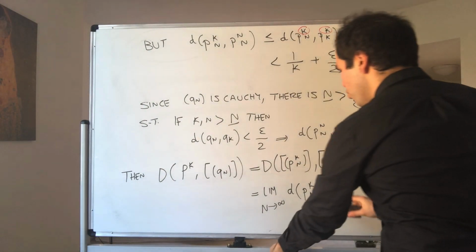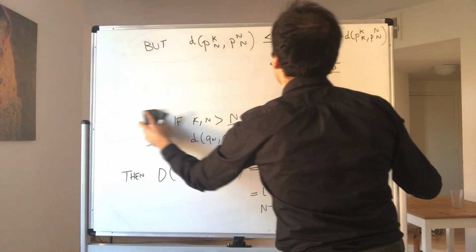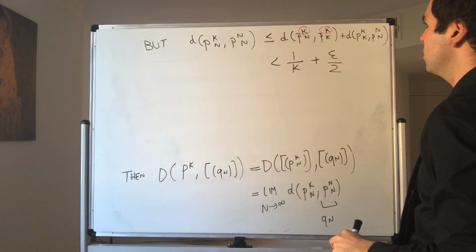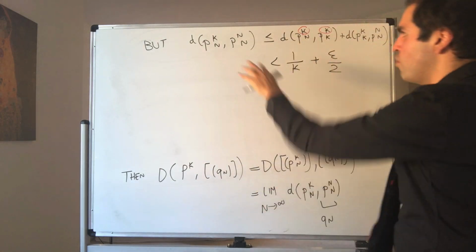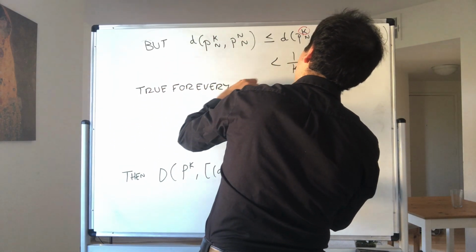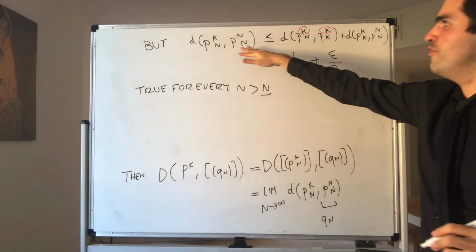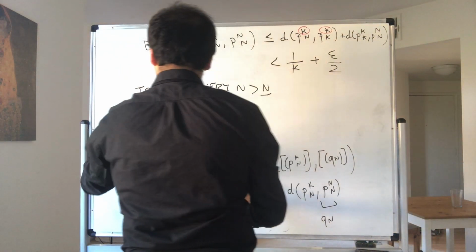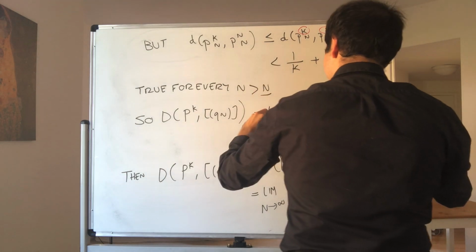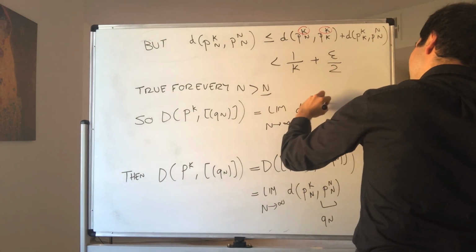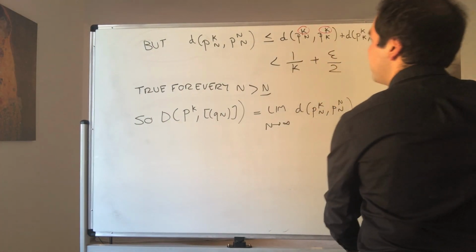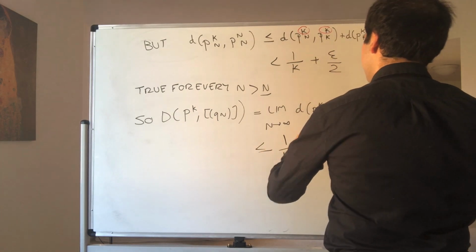So the point is, this is true for every n large enough, for every n bigger than capital N. And therefore, if you take the limit of this as n goes to infinity, the distance of PK and Qn, which again is the limit as n goes to infinity of d of PKN and Pnn, becomes less than or equal to 1 over K plus epsilon over 2.